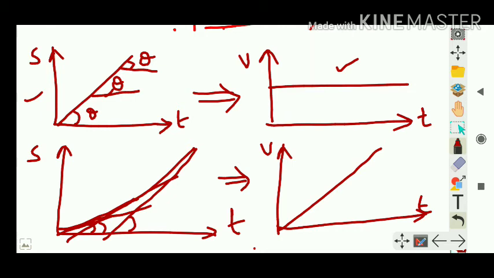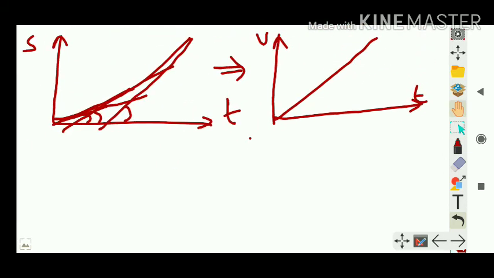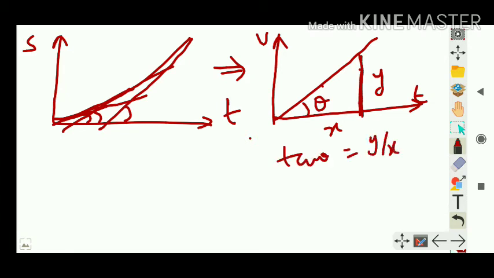Now since we have reached the velocity time graph, there is a small thing to mention, guys: what does the slope of a velocity time graph give you? I can draw it from here itself. Let's say I'm taking this point, so this becomes y and this is x. This is the slope, so tan theta is equal to y by x. What is y here? That will be some velocity quantity, let's say v1.